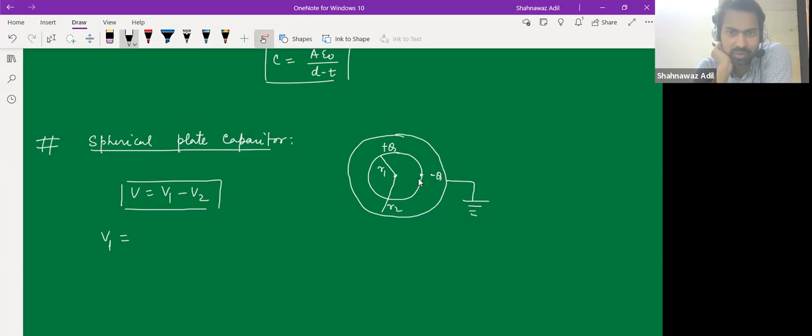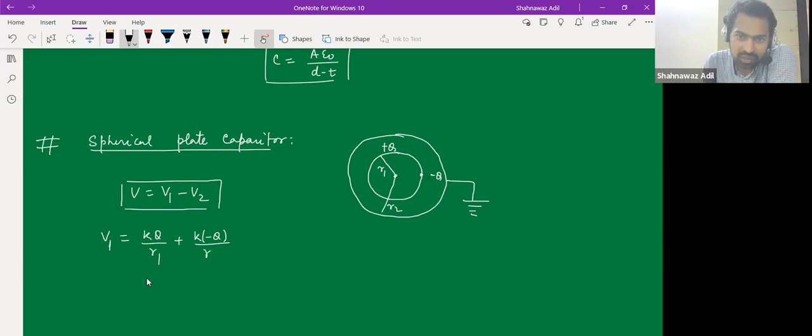How many contributions would there be at this point? At this point we are calculating KQ by R1, then plus K into minus Q by R2.